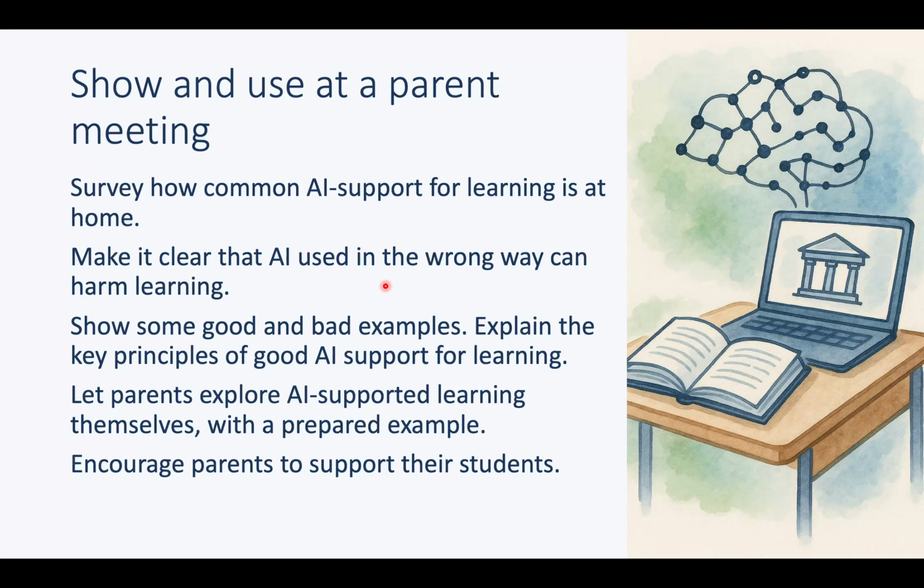And make it clear to parents that AI used in the wrong way can harm learning and not help learning. This might be done by showing some good and bad examples and explaining the key principles for when AI support for learning works, or when we can assume that it's working anyway.